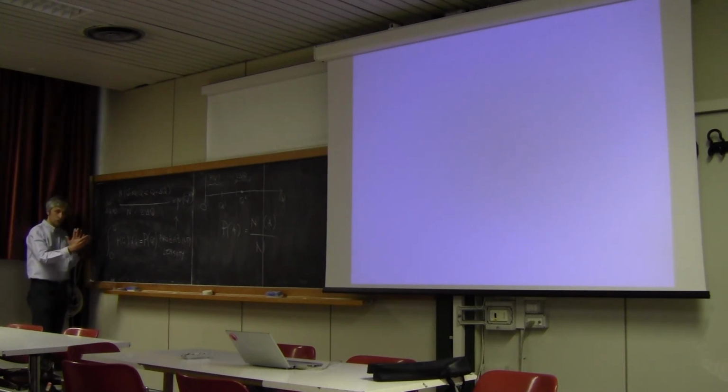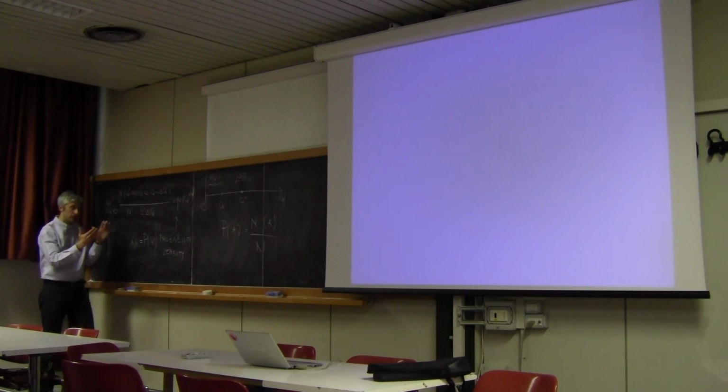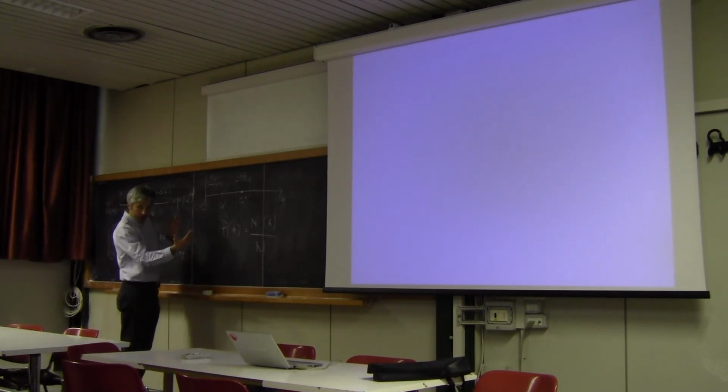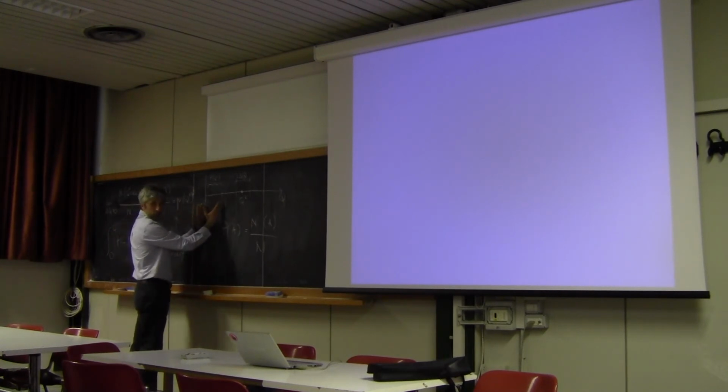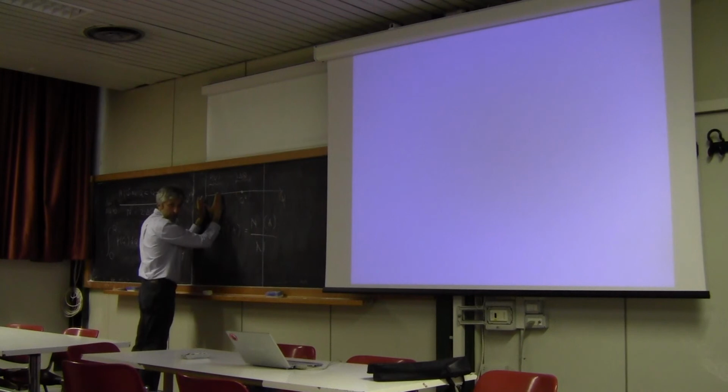So you turn it to a kind of discrete definition. You go back to the discrete definition. You compute the probability of your values to fall inside here.